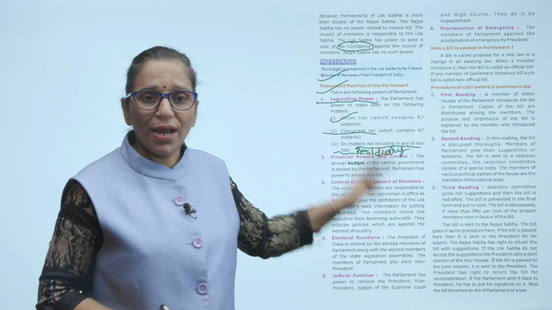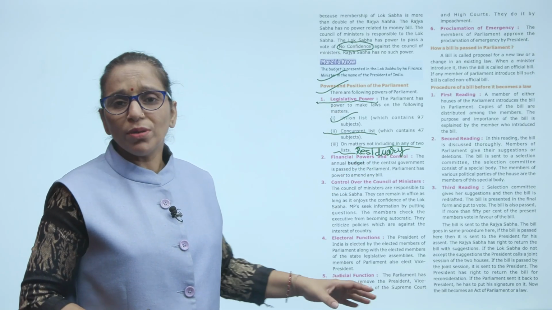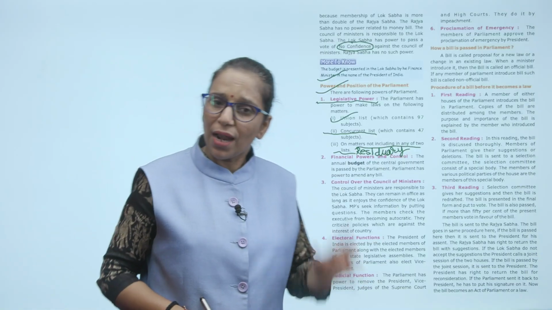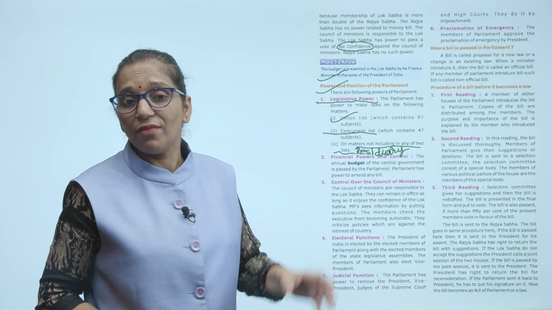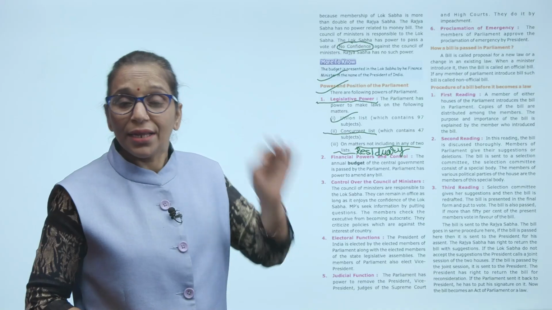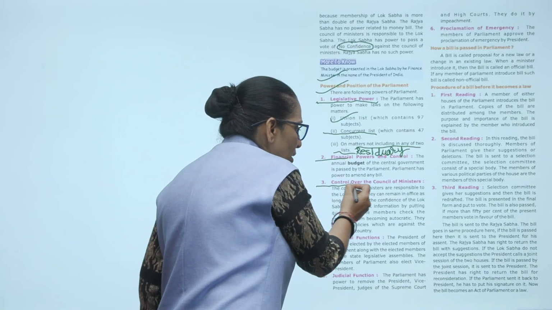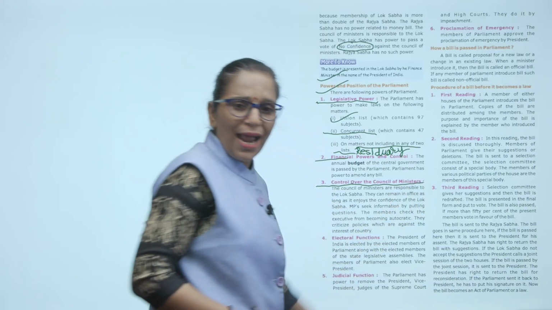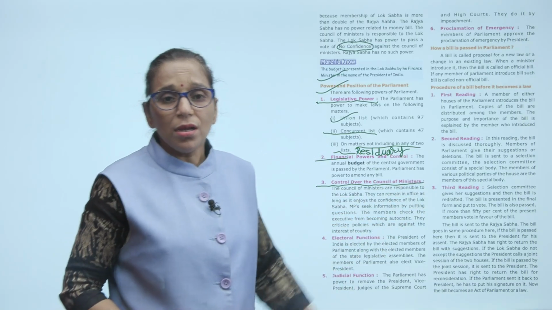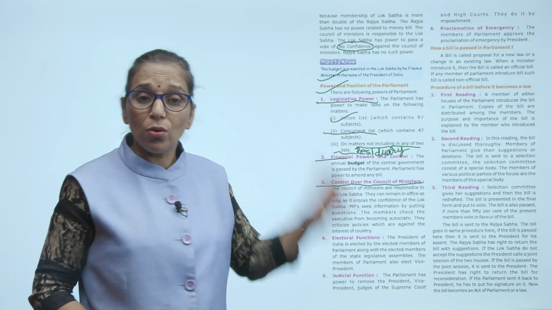Now the second, financial power and control. The annual budget of the central government is passed by the parliament, and parliament has the power to amend any bill. Then after this financial power, the third, control over the Council of Ministers, that is also a power of the parliament. Council of Ministers are responsible to the Lok Sabha.